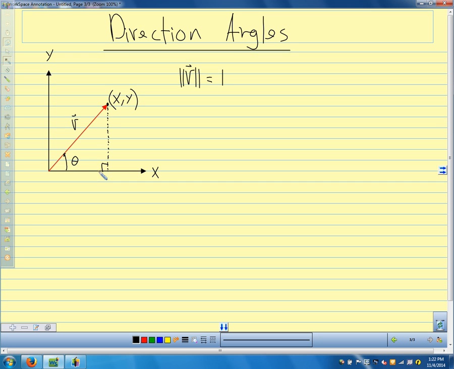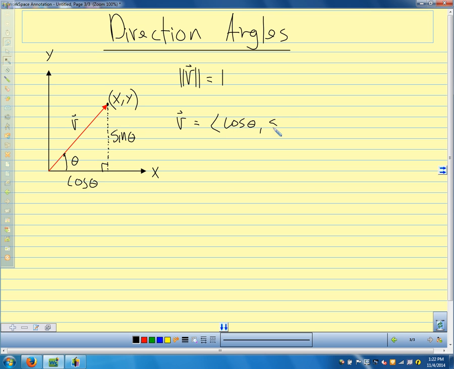What's the x side of this triangle? What is it? Cosine theta. And the y component? Sine theta.